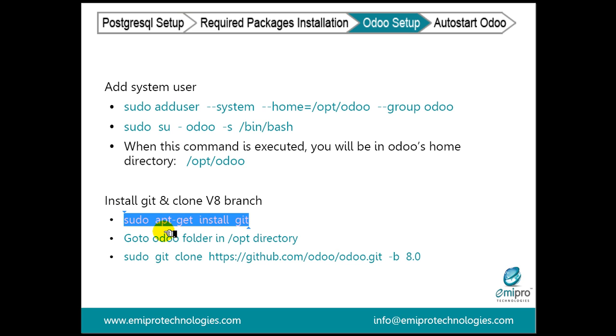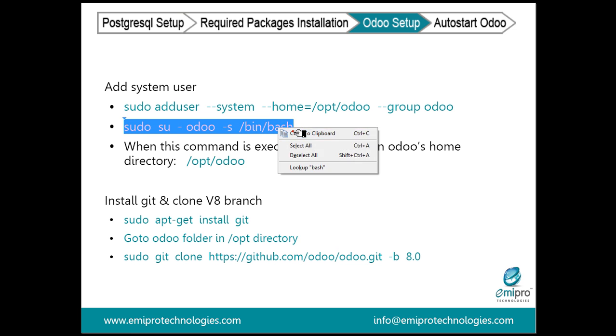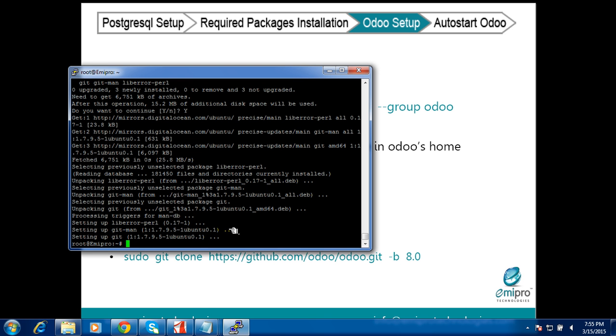Now we need to clone the branch from the Odoo website. So I will go into the Odoo user, and if I execute this command, then I will automatically be taken directly to the Odoo user's home directory, which will indeed be our /opt/odoo folder.